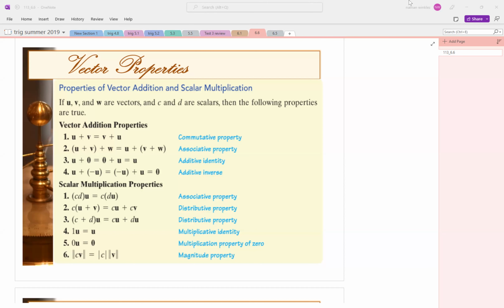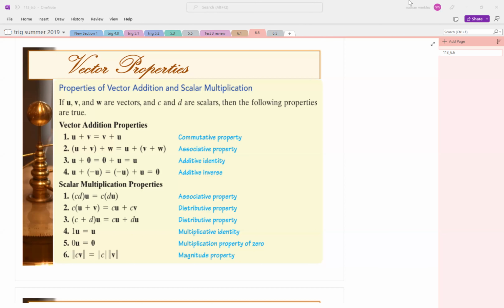For addition, u plus v equals v plus u. We can change the order and nothing changes. That's our commutative property of vector addition. (u plus v) plus w is equal to u plus (v plus w). We can change our parentheses and associate with different things, and that's our associative property of addition.